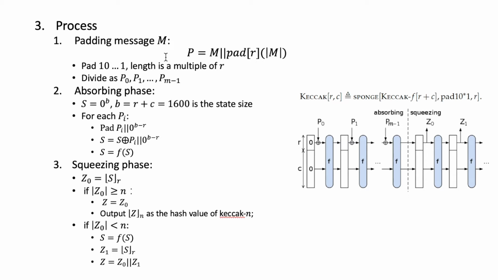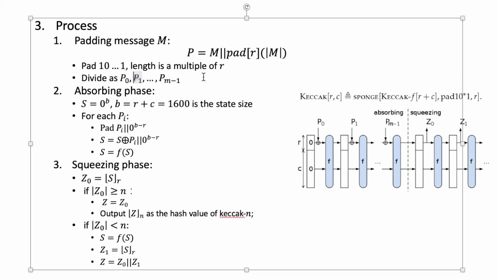This is officially defined like this, and the final length will be a multiple of R. Then we divide the message into R-bit blocks. Each of these blocks has R bits, and suppose there are n blocks in total.